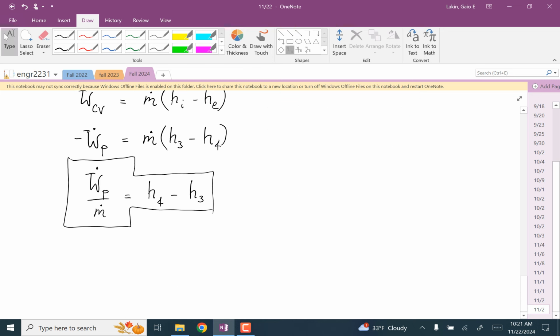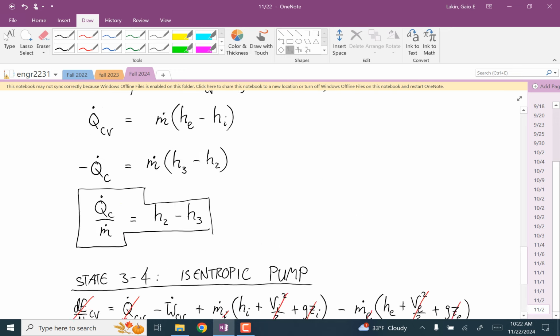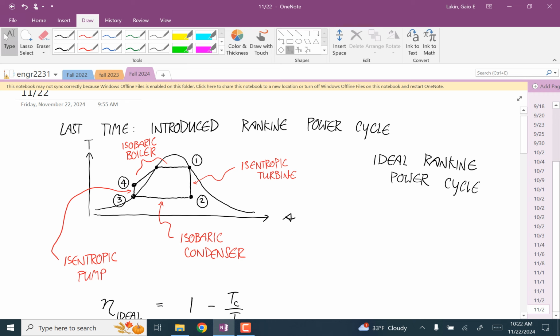Now there's one simplification that we're going to use probably most of the time on this, maybe not always. So one thing we'll usually use for this pump, look at this diagram.